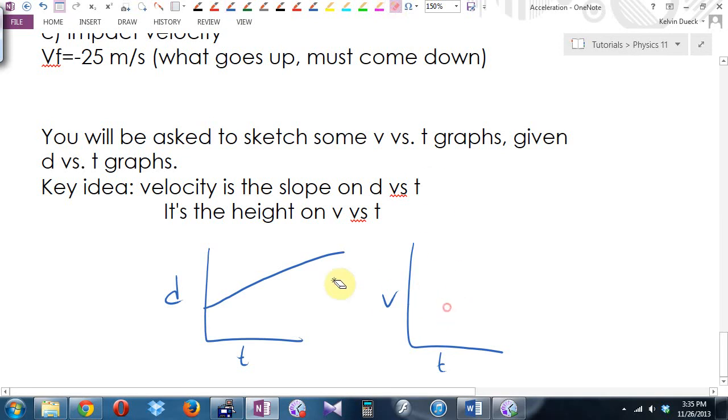Hey, actually, what if this was steeper? Higher. This is harder than it looks, okay? Hey, what if I had a yoink down there somewhere? What if I had this?